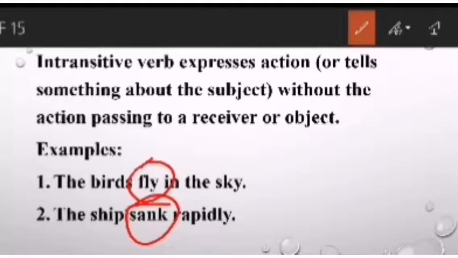So, fly and sank, they don't require any object to complete their sense. Here, additional information is added in the sky, but not about flying, right? Same way, rapidly is again an adverb used to describe how it sank, but not object.